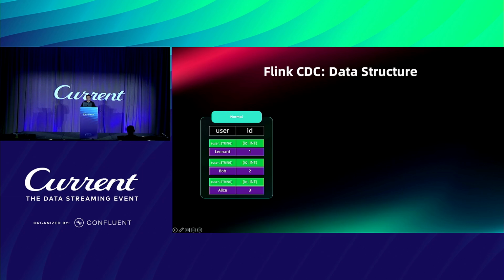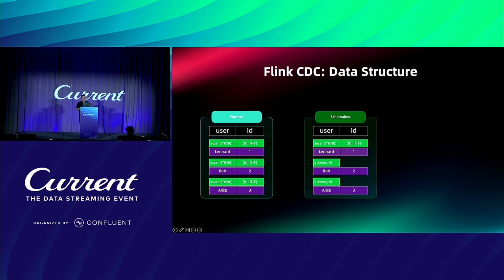The normal data structure in a data pipeline usually requires both schema information and data information. And some advanced CDC projects may use a schema-less data structure. They introduce a versioned schema ID just like the Avro format.